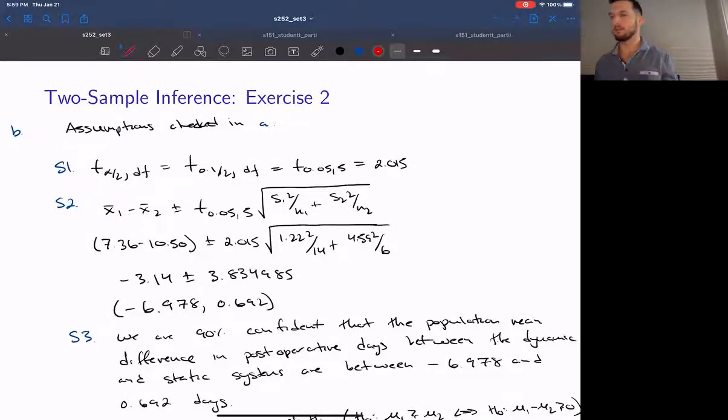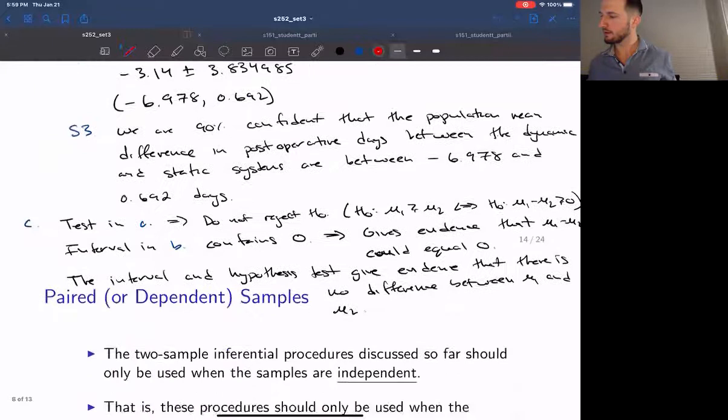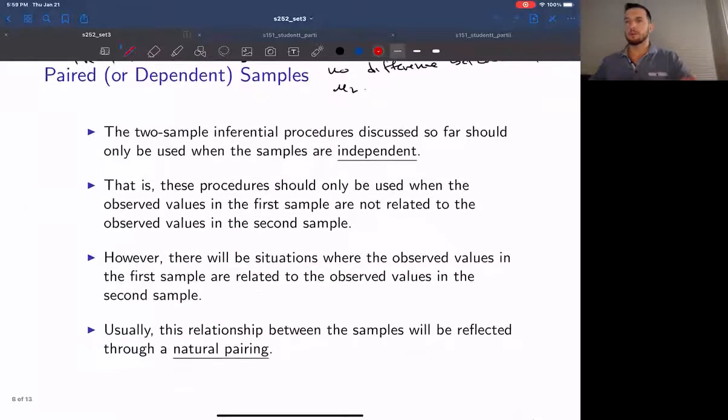Okay, so let's get into the material for today. As I mentioned, what we're talking about here is the paired t-test, which is what we use when we have what we refer to as paired or dependent samples. So we distinguish between the two sample hypothesis testing and two sample confidence interval procedures that we are working on based off of the structure of the data.